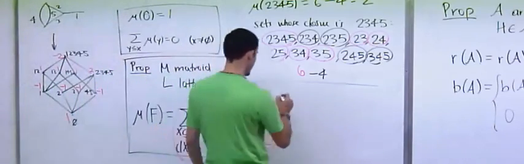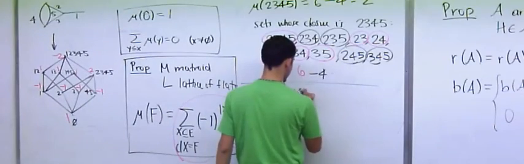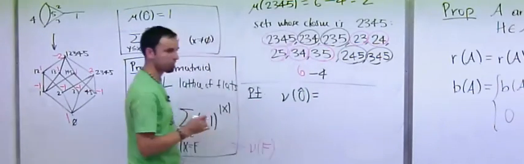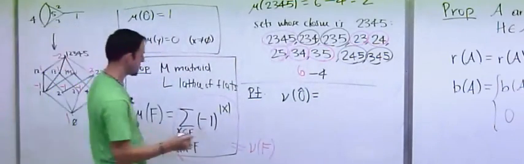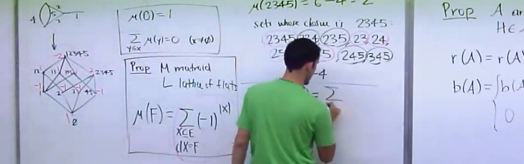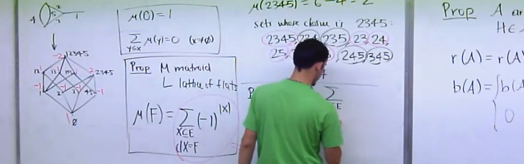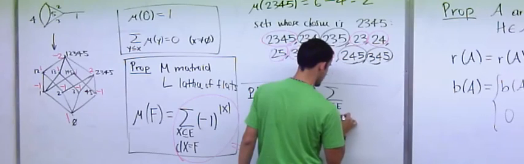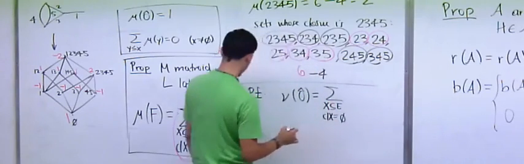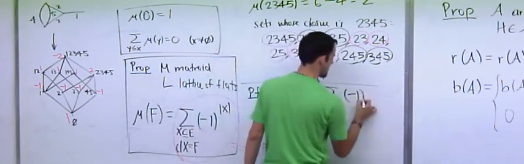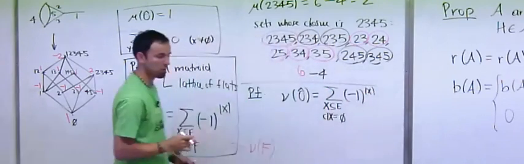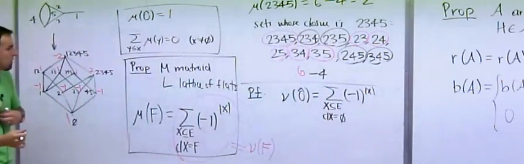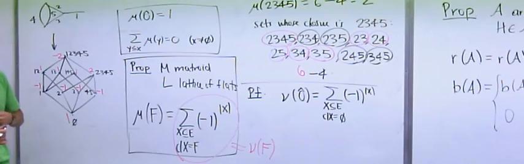So what's nu of the bottom element? It says you're supposed to sum over the things whose closure is the empty set, minus 1 to the number of elements. Okay? But how many sets have closure equal to the empty set?